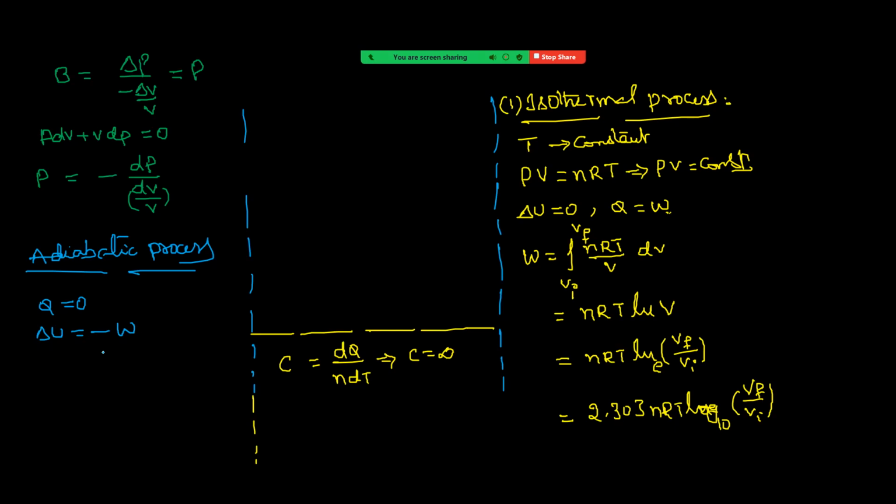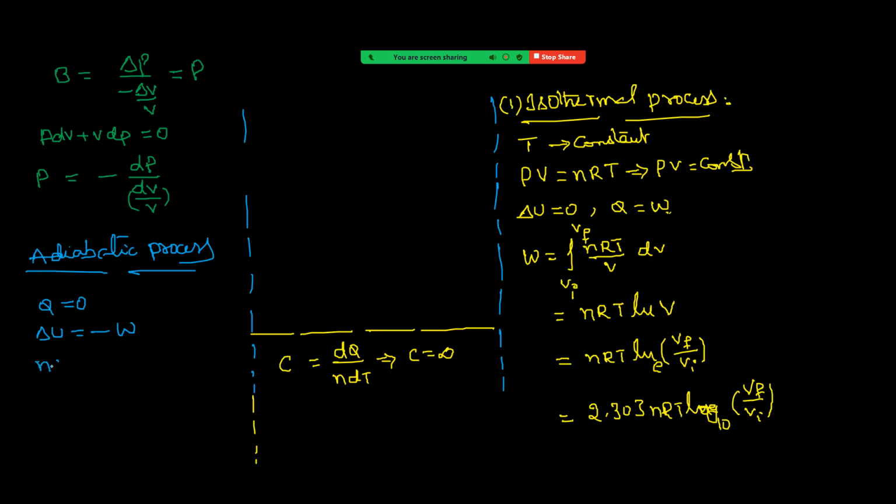Okay. Now let us focus on how to calculate work done in an adiabatic process. So for the adiabatic process, condition Q equals 0, and we got delta U equal to minus W. First, focus on any equation available, just like PV equal to constant, by using these two conditions. See what we can write here.